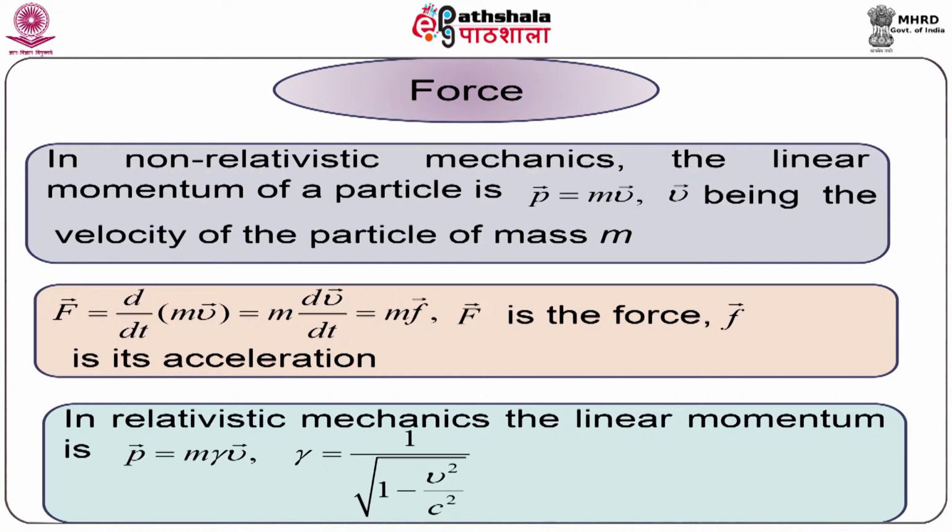Here we have used force equal to time rate of change of linear momentum. We get it from Newton's laws of motion. Small f vector is the acceleration of the particle having mass m, and capital F is the applied force on the particle.